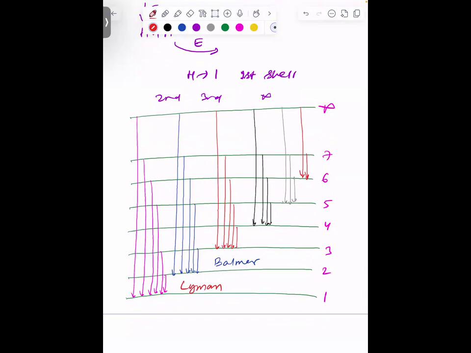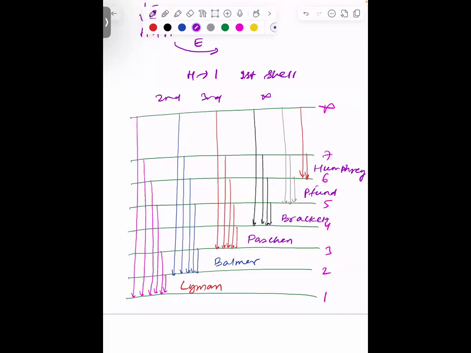Cell number 3 is the Paschen series. This is Brackett. This is Pfund series. And this is Humphreys series. Take 2 minutes and note down.